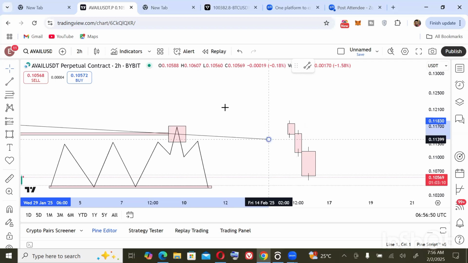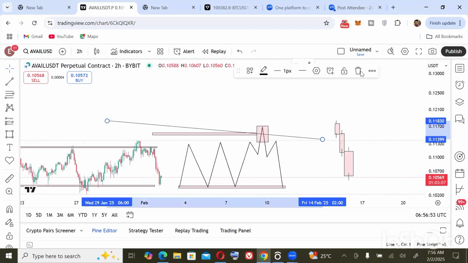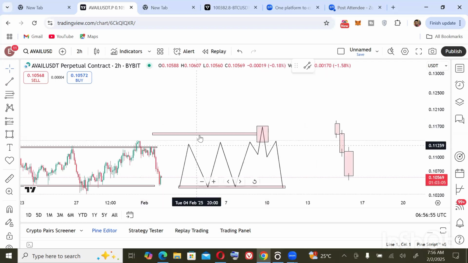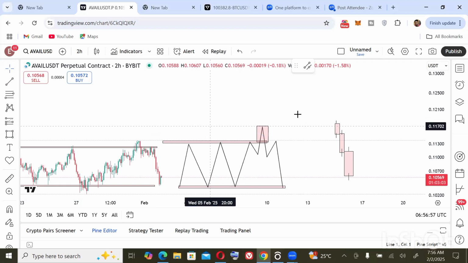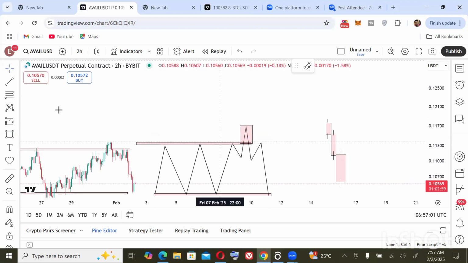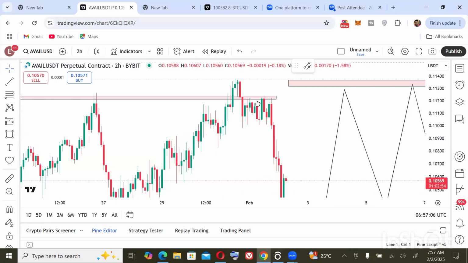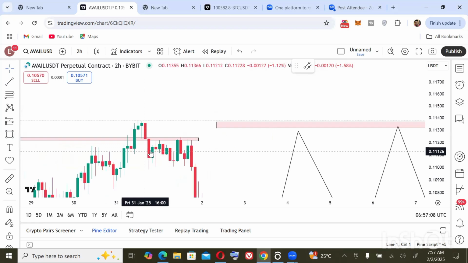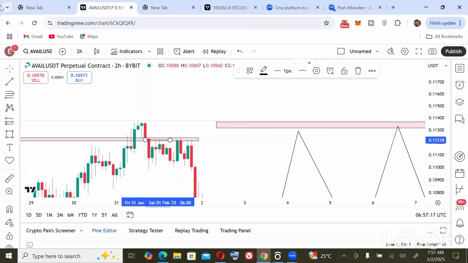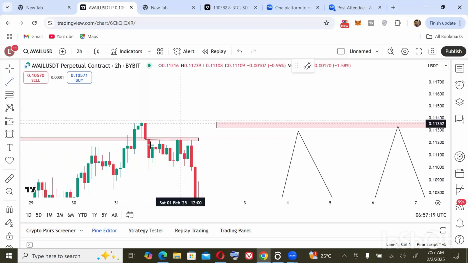Now, on this strategy, when we see a fair value gap coming back into the range, as you can vividly see here, we just draw the gap: first candle, then last candle.